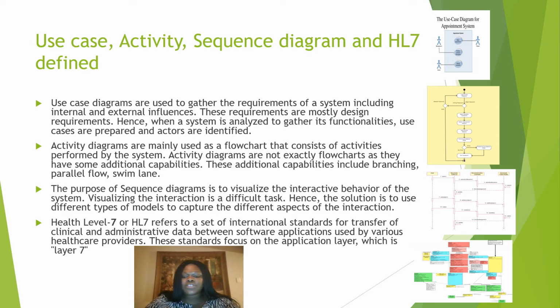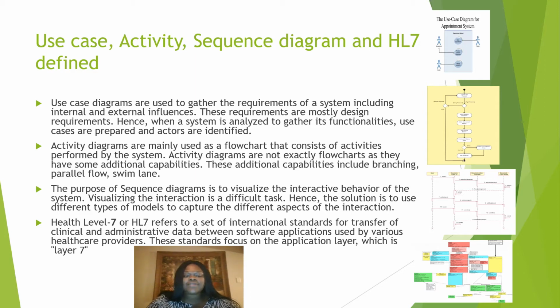The purpose of the sequence diagram is to visualize the interactive behavior of the system. Visualizing the interaction is a difficult task. Hence, the solution is to use different types of models to capture the different aspects of the interactions.